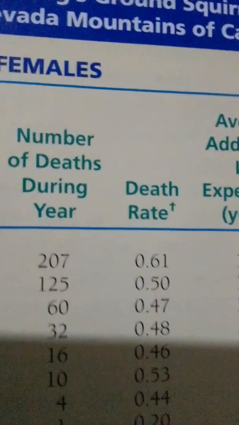Life tables: about a century ago, when life insurance first became available, insurance companies needed to estimate how long, on average, individuals of a given age could be expected to live.